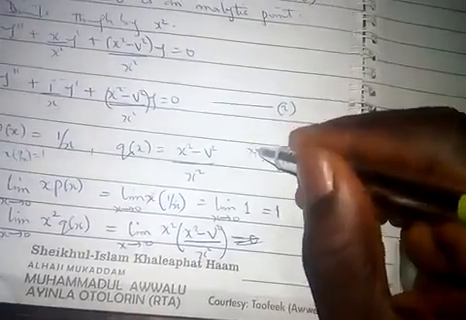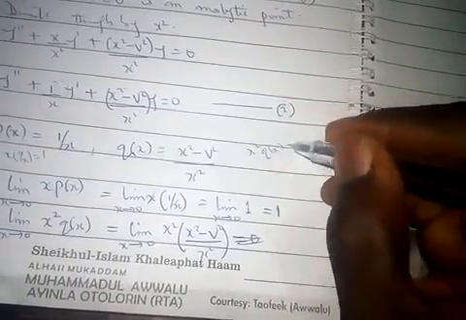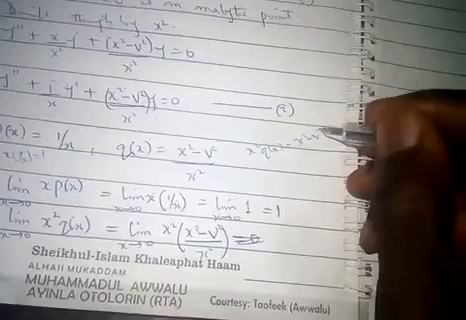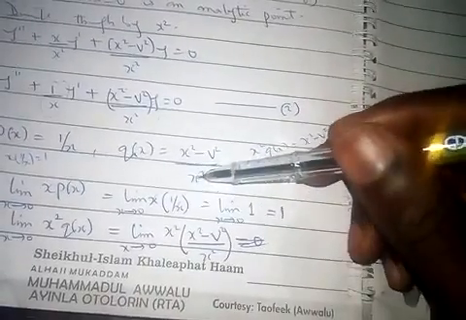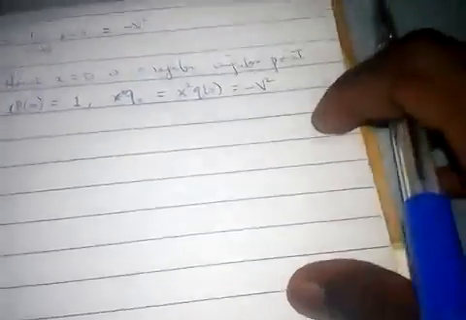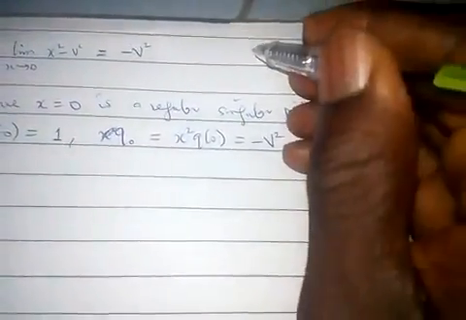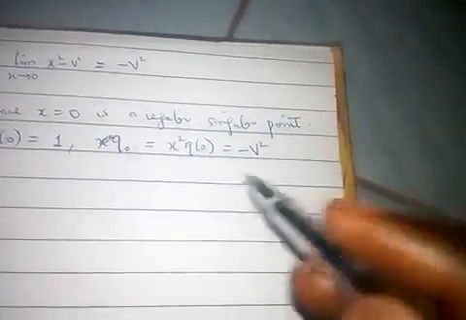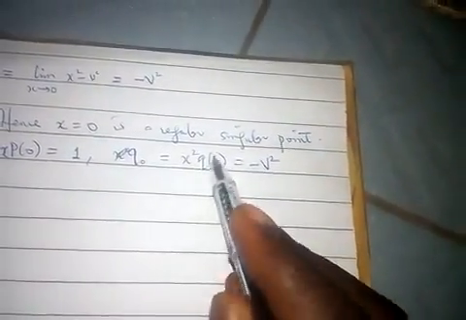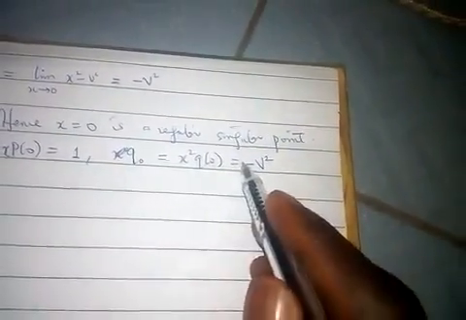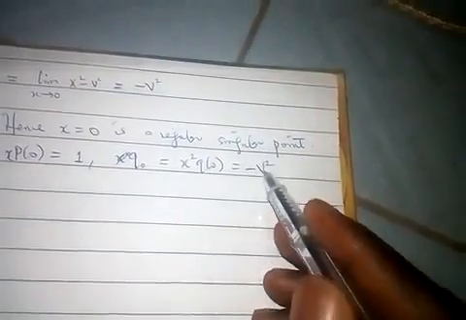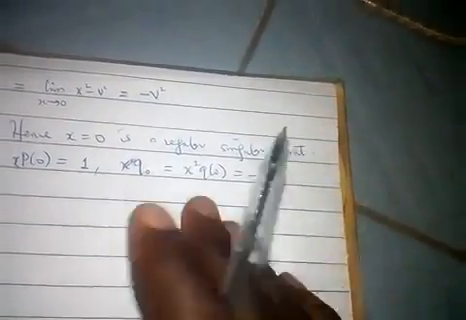So x squared q of x is equal to x squared minus v squared, because you cancel this. Now in this case, at x equal to 0, then x squared q of x is 0 minus v squared, which is this.